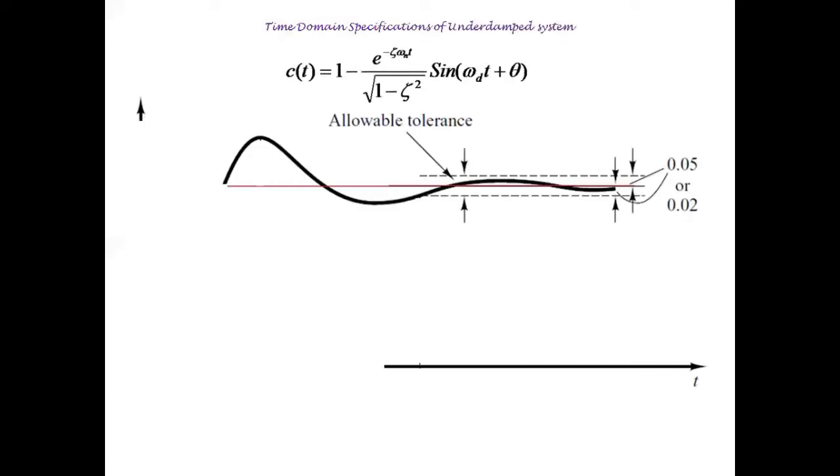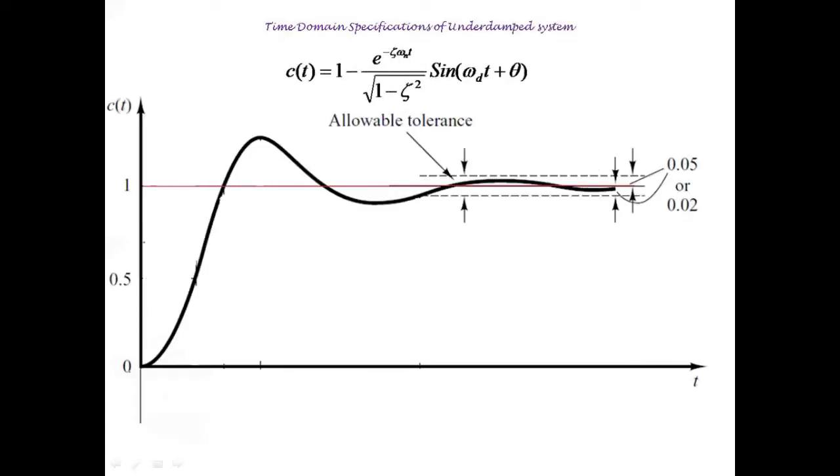So let's have a look at the output response graph. The output response graph starts from 0 and it rises steeply to its final value, that is 1. It goes beyond the final value and reaches a very high value, and then again it comes back to the final value.